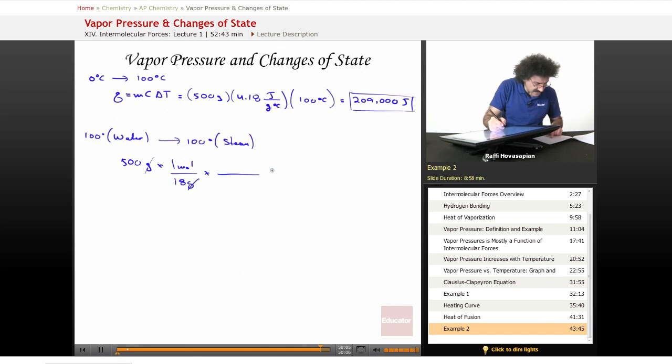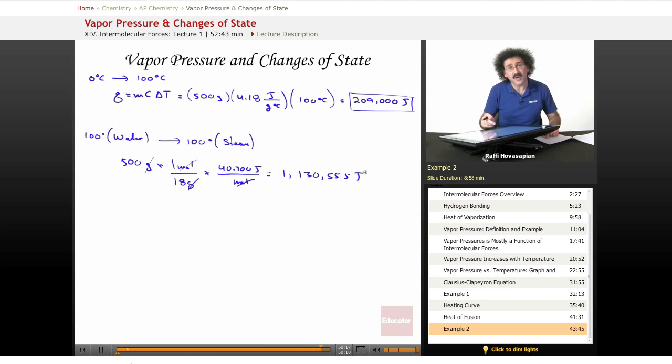And the heat of vaporization is 40,700 joules per mole. That means 1,130,555 joules are necessary to actually change 500 grams of water to 500 grams of steam. That is a hell of a lot of energy. I'm telling you, hydrogen bonding, profoundly strong.